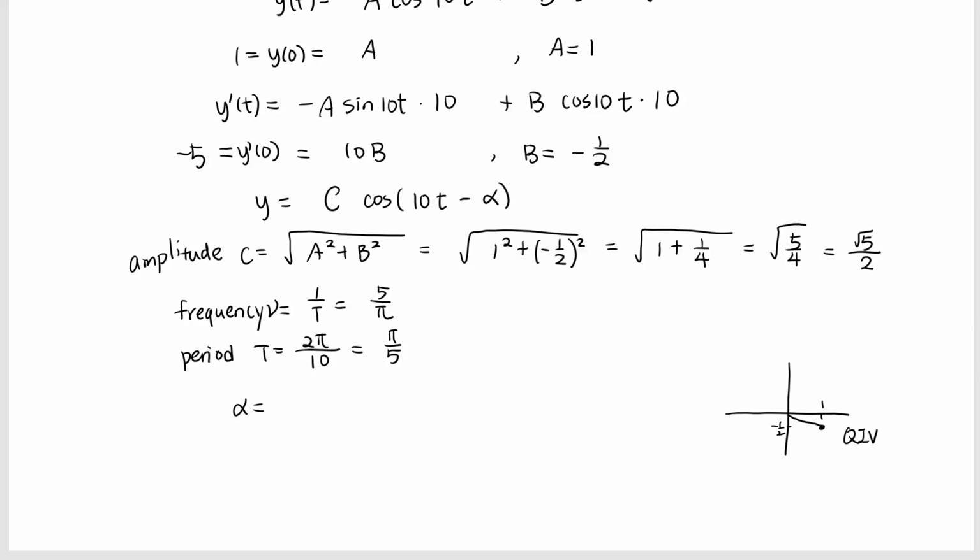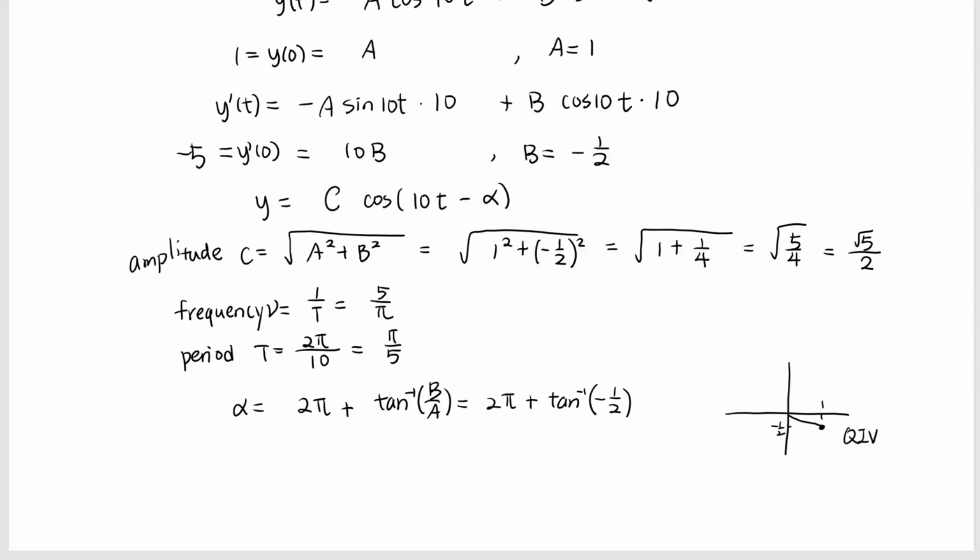So our formula is then 2 pi plus arctangent of b over a. B over a is, okay, let me do it slowly. B is minus 1/2. A is 1, so minus 1/2 over 1 is minus 1/2.